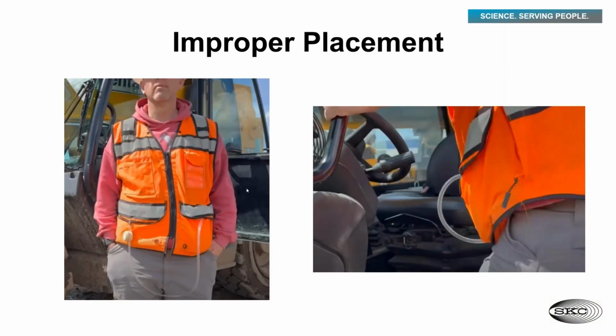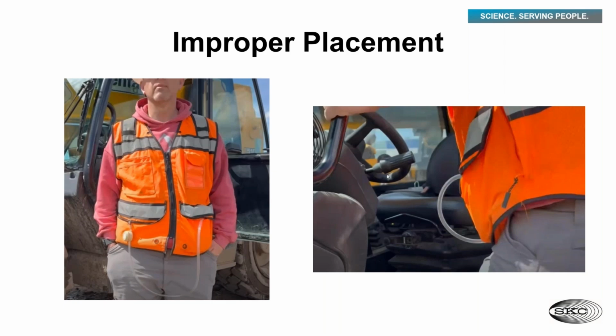On the other hand, in this particular picture, you'll see that I've seen this before. It blows my mind, but sampling down at your hip is obviously not your breathing zone, and there's the very loose Tygon tubing that can catch. In the video, if you watch it, you'll see that as he stepped into his cab, this tube catches right on his shifter up here, and it just creates issues for everybody.